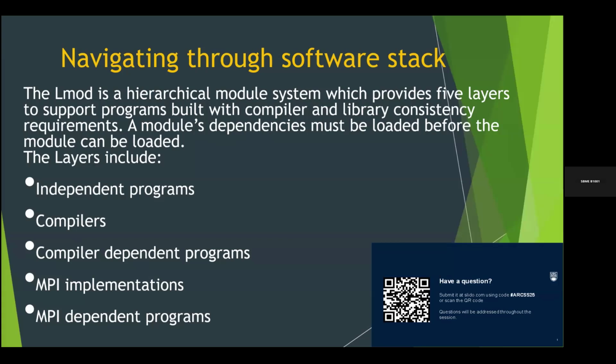Then the next layer is the MPI implementation. MPI stands for Message Passing Interface, and that is the essence of HPC computing. In HPC computing, you are working with multiple nodes, and these nodes have to communicate with each other. The best way to use this communication layer is using MPI. And of course, there will be MPI-dependent programs, right?